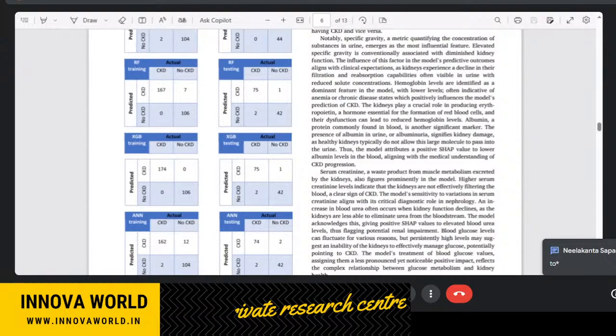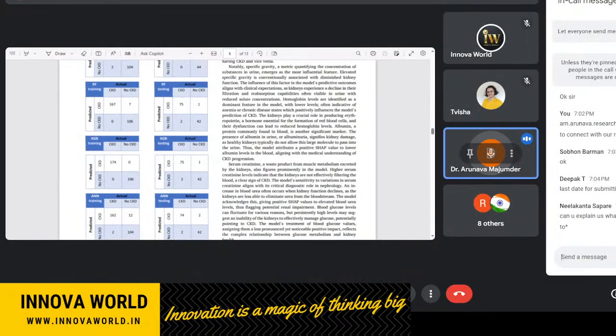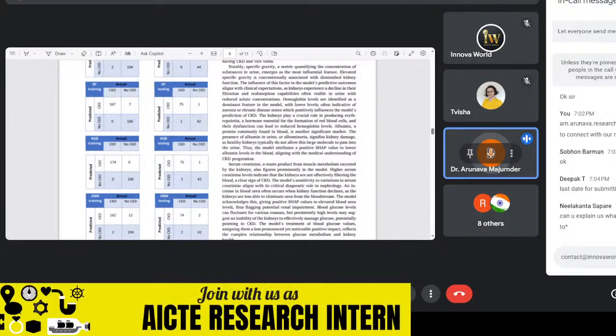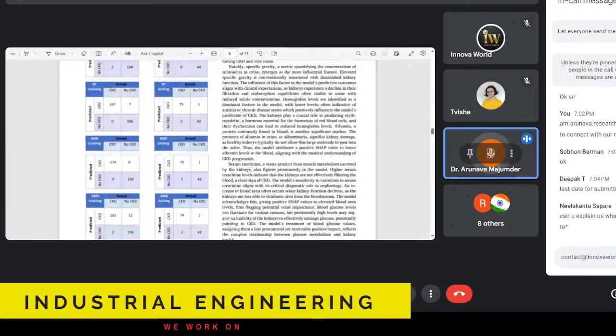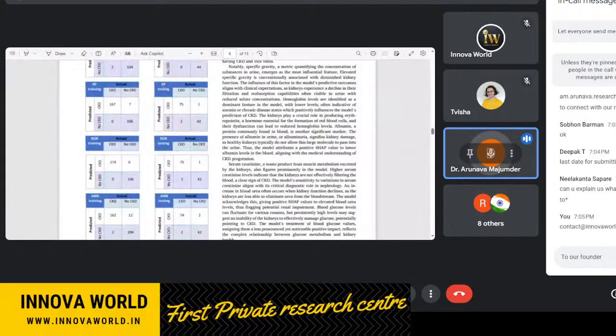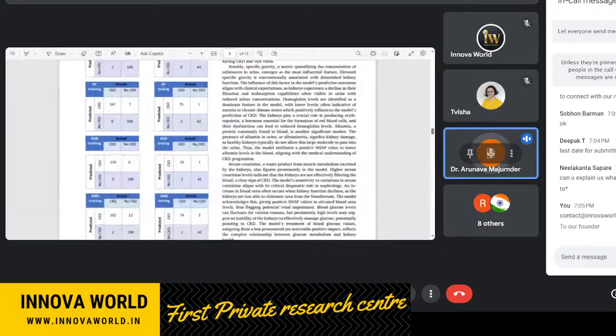In the report you need to fill in whatever I explained. If you are doing regression, then you must share your final regression model there. After that, you must share the R square value, adjusted R square value, and the P values; everything you must share.